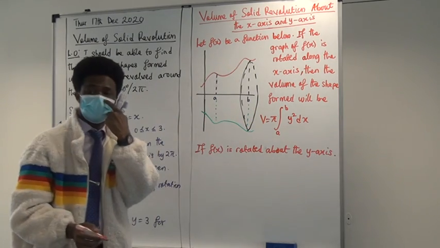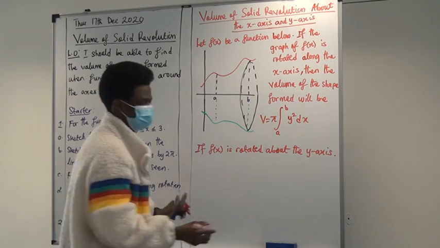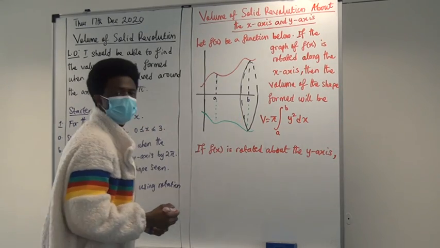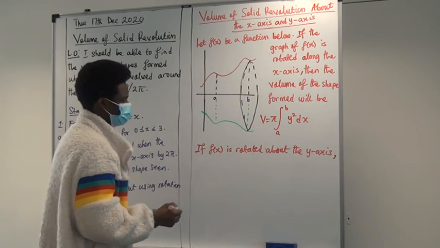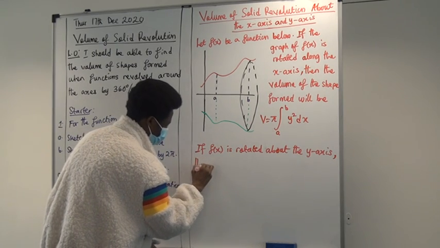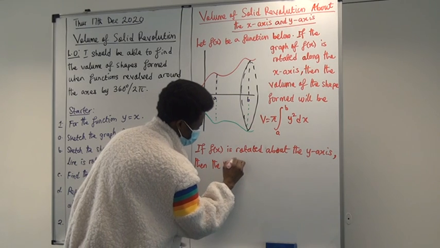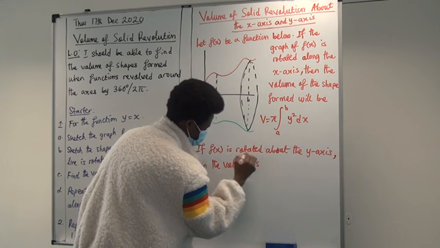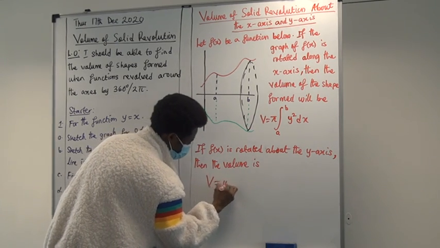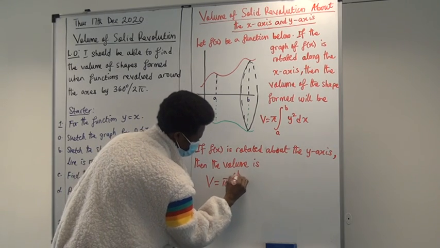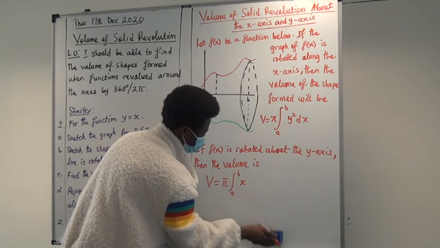By the way, this is in your formula booklet, so no need to memorize. About the y-axis, then the volume is V equal to pi integral of x squared dy.